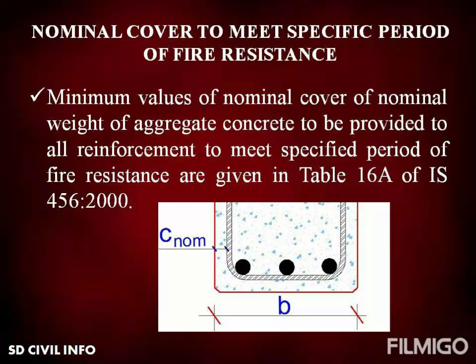In order to meet the specific period of fire resistance, the minimum values of nominal cover of normal weight aggregate concrete to be provided to all reinforcement are given in Table 16A of IS 456-2000.